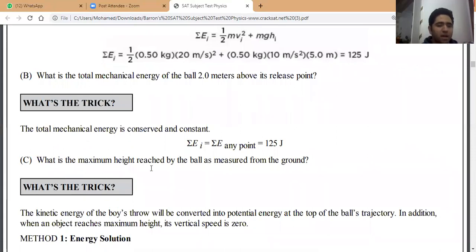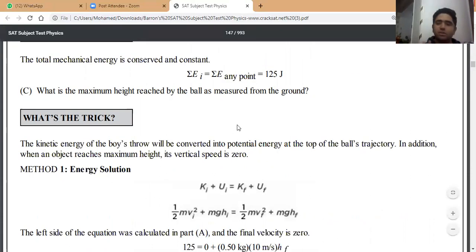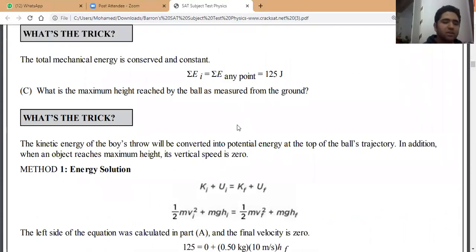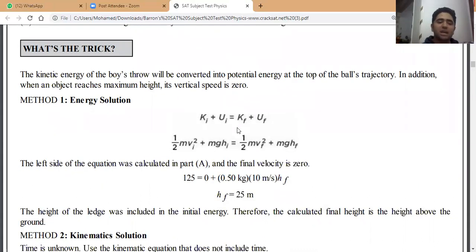What is the maximum height reached by the ball as measured from the ground? Well, I'm going to only explain the energy solution, okay? Well, we know that Ki plus Ui equals Kf plus Uf. So half mvi squared plus mgh equals half mvf squared plus mgh.